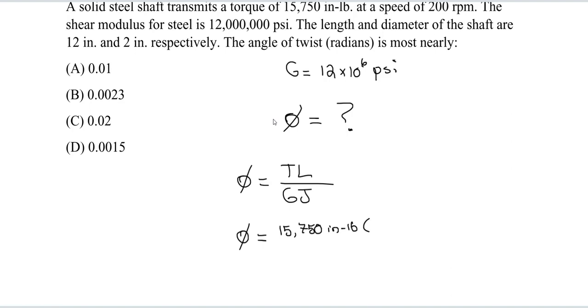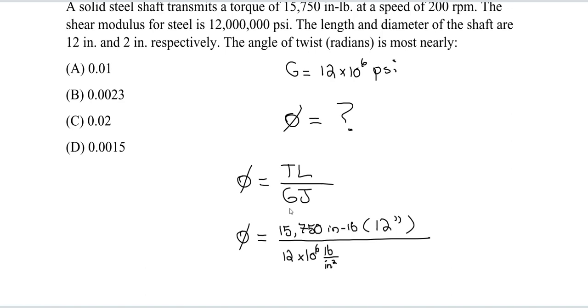The length in this case is going to be 12 inches. And we divide all that by our G value, which is 12 times 10 to the 6 for steel in this case.